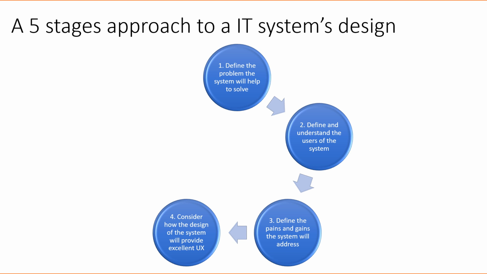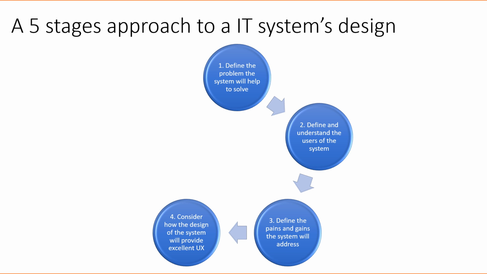The fourth step would be to consider how the design of the system will provide an excellent customer experience. These two capital letters, UX, mean user experience. You might have seen this before already. Just reinforcing: UX, customer experience.